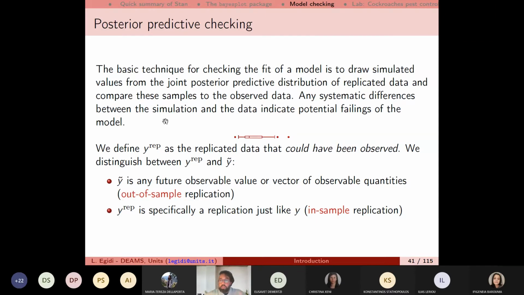What does it mean to check whether my model is able to fit my data well in Bayesian terms? I should sample from my model, let's say, 30,000 or 300,000 potential replications of my data. So I am basically sampling from my model 30,000 new heights for each of you.